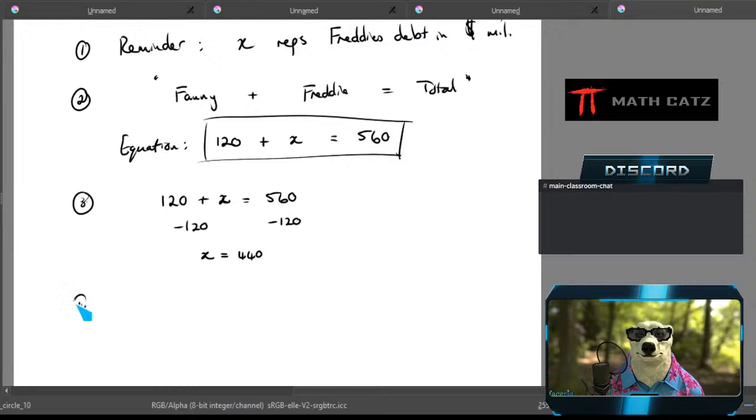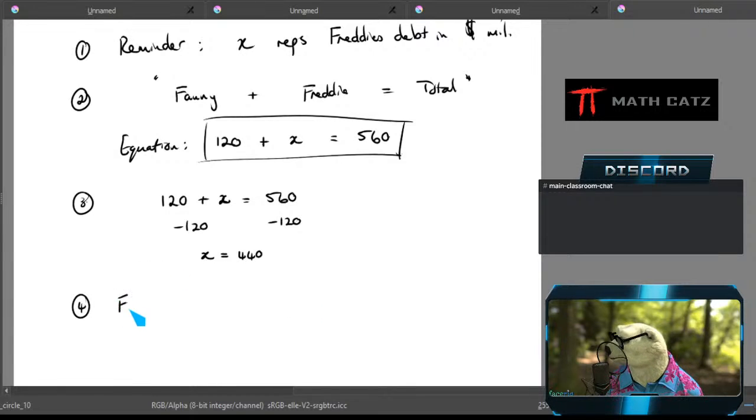And then, of course, last step, I think is very important, but we can agree to disagree. I want to write what the answer is in the words of the question, because the answer isn't 440. The answer is $440 million, and that's not necessarily the same.